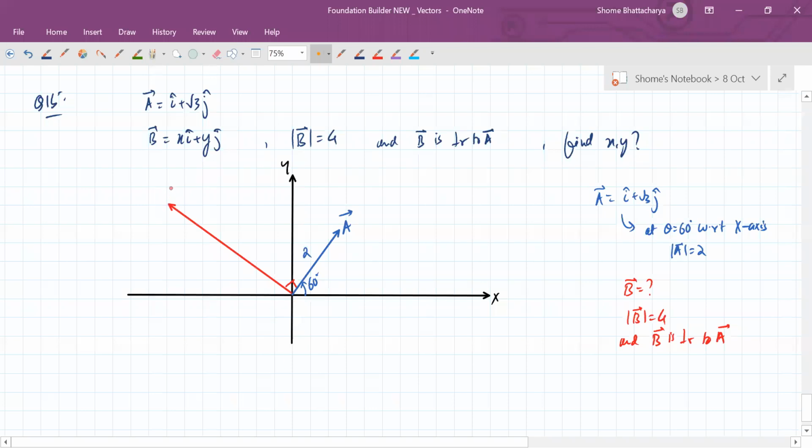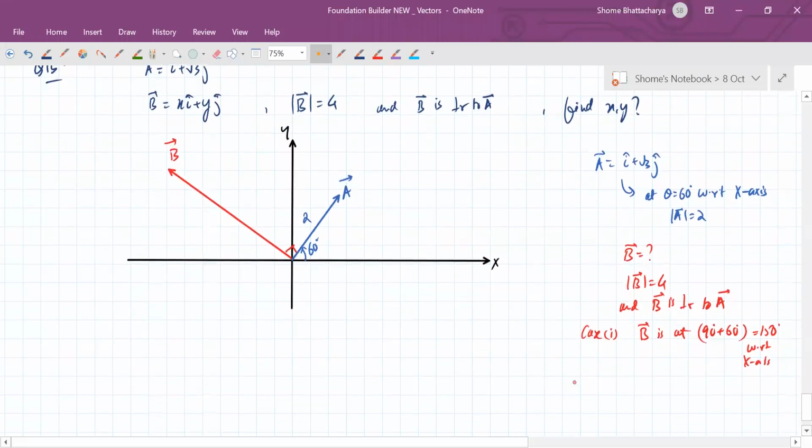Okay, so vector B is at 90 plus 60 or 150 degrees with respect to x-axis. This angle you can see is 150.